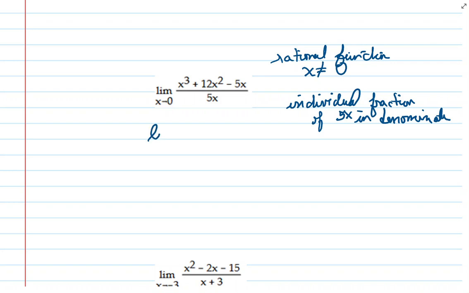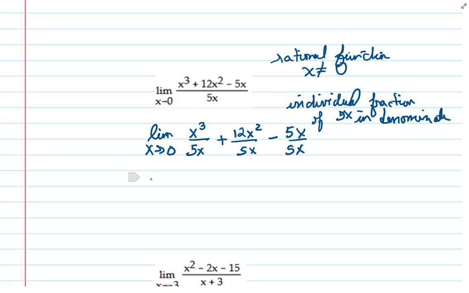So we have the limit as x approaches 0 of x cubed divided by 5x plus 12x squared divided by 5x minus 5x divided by 5x.